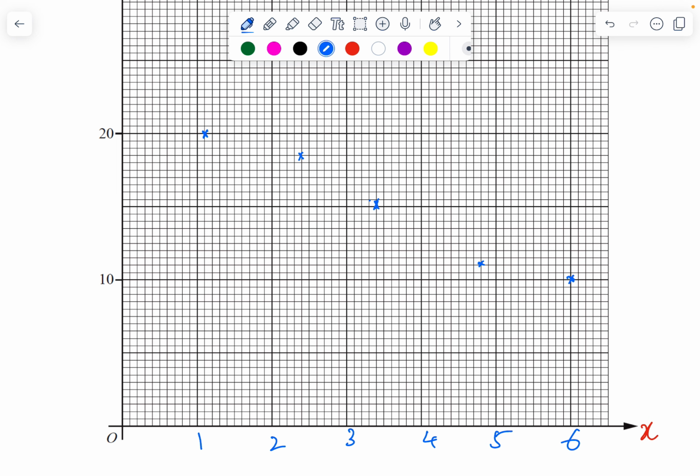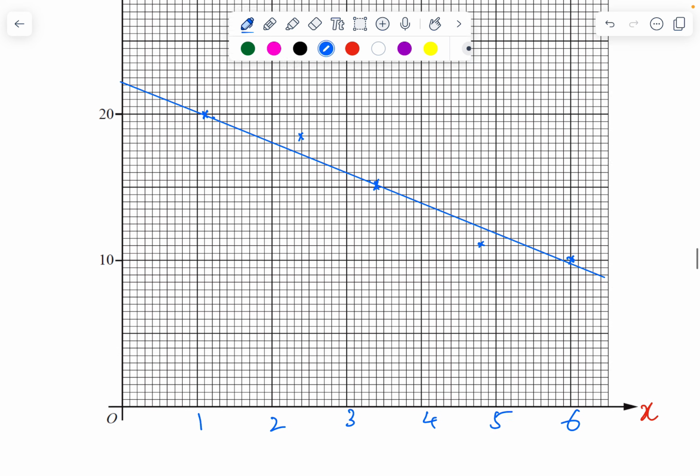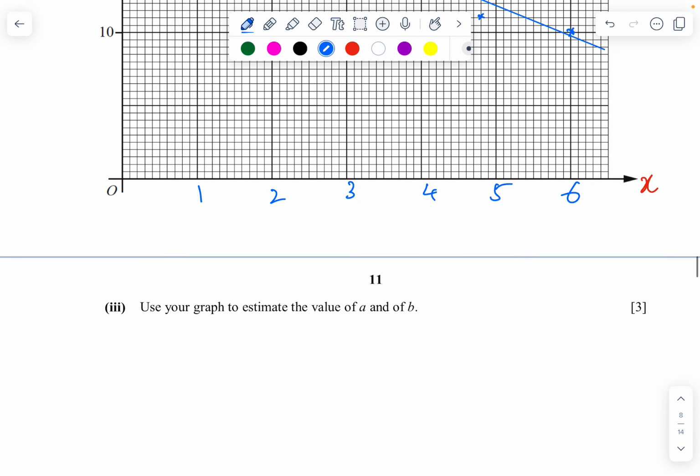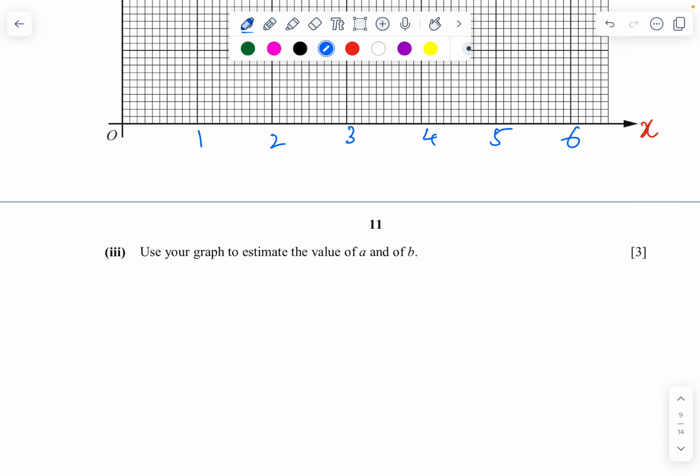Okay, so now I'm going to draw a straight line graph, best fit line. It's always a best fit line. Yeah, somewhere like that. All right. So using your graph, estimate the value of A and B. So what is the original equation basically?